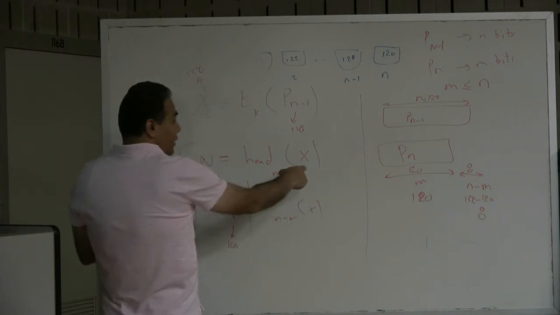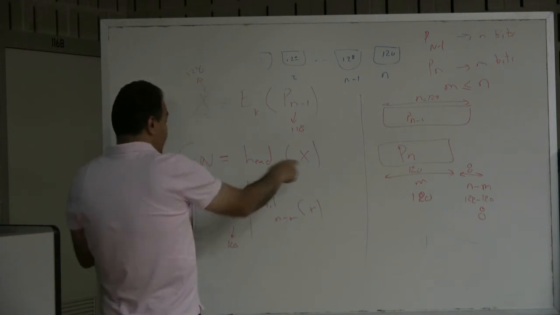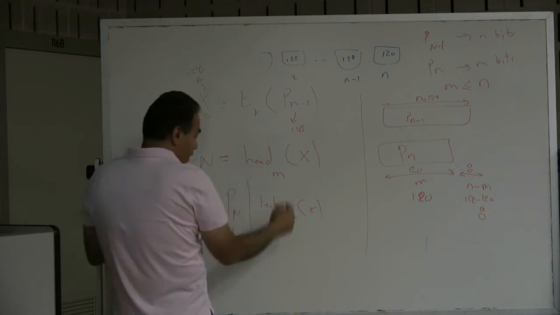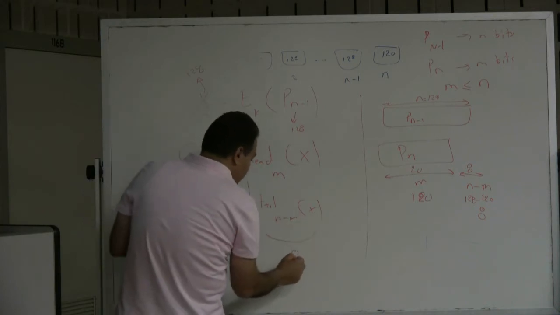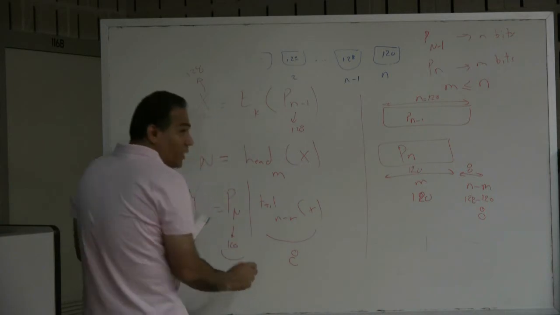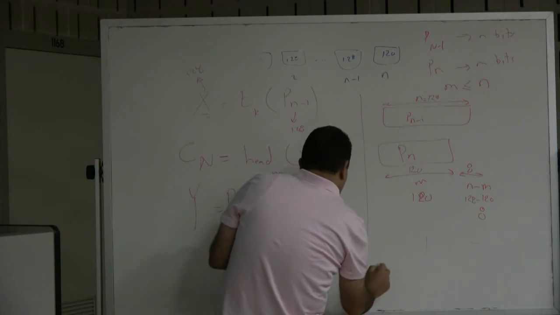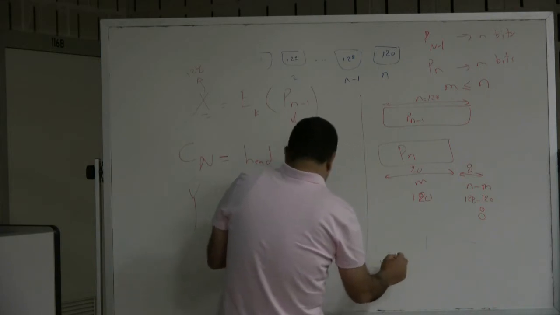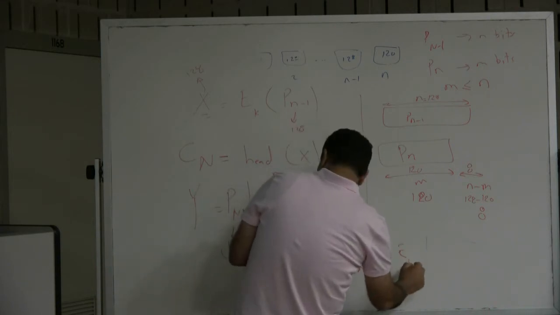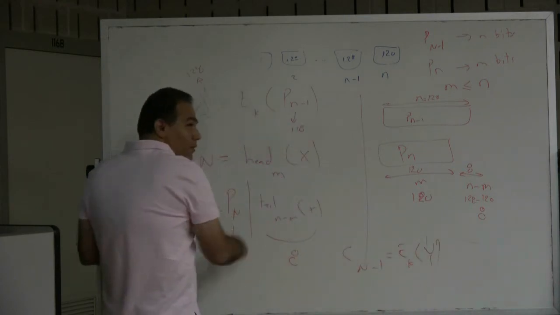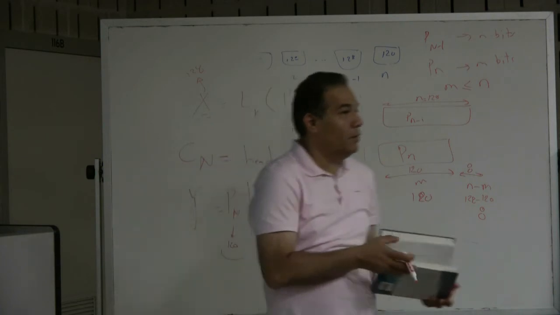So in here I did not send the whole x, I sent only 120 bits. How many are remaining? 8, which is in here. And in here, 120. And then the Cn-1 that I'm going to send will be the encryption of y. Y has how many bits? 128 bits.